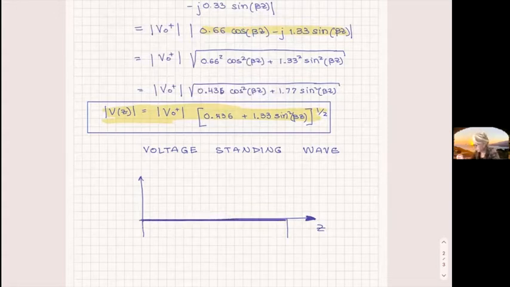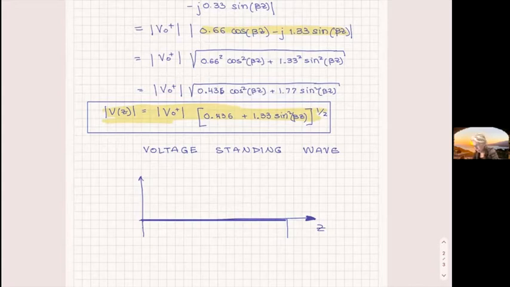That's the line, the length of the line. And what I find from this is that at z equals 0, this is 0.436 square root.